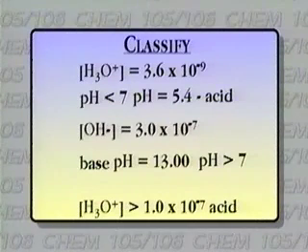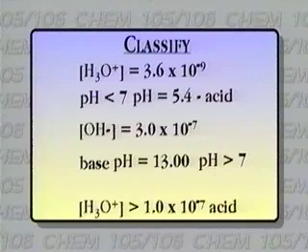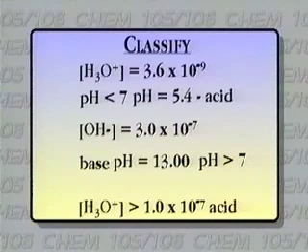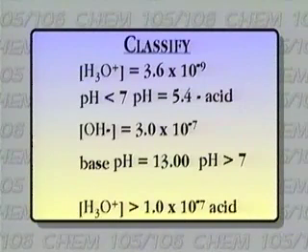Well, if we look up here at our number for the first one then, we see 3.6 times 10 to the minus 9. That is smaller than 10 to the minus 7, so therefore this is in fact a base.